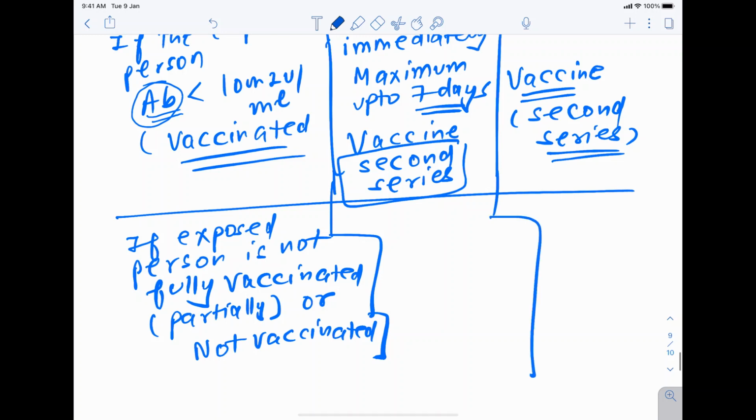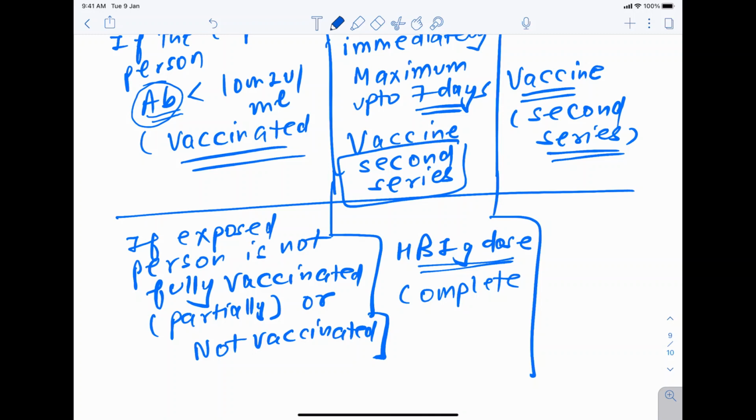Then also you have to start with hepatitis B immunoglobulin, same story, up to 7 days you can give it, and the complete vaccination need not be restarted.